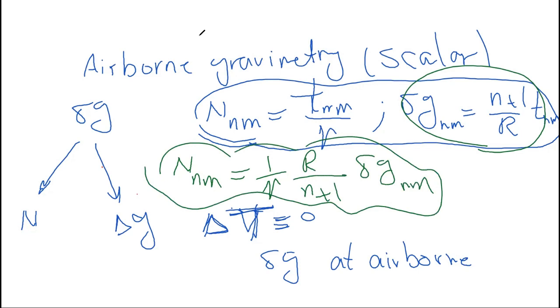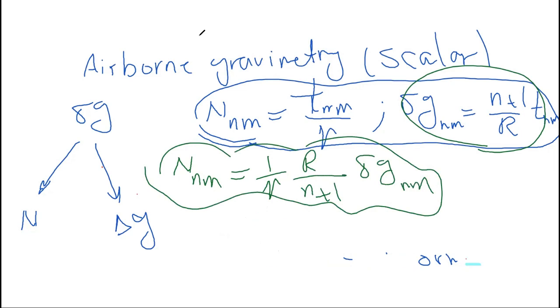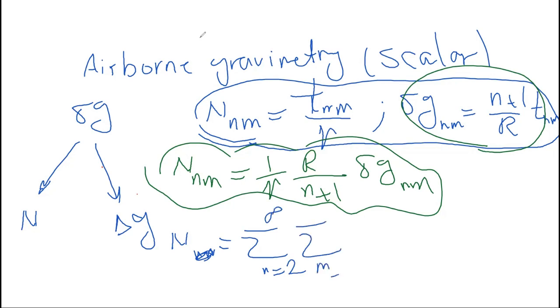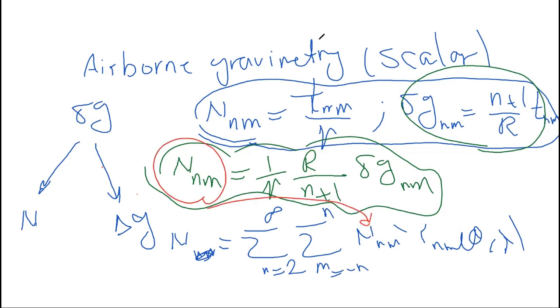We already know the spherical harmonic expansion of the geoid, and let me write it: N is equal to a double summation of n from 2 up to infinity and m from minus n to n, of N_nm Y_nm. So it's enough to put this N_nm inside this spherical harmonic expansion.